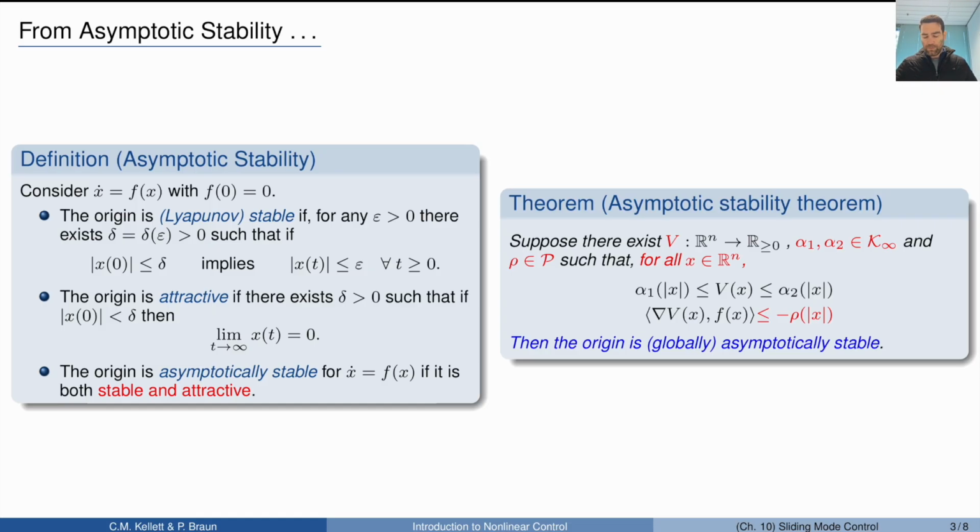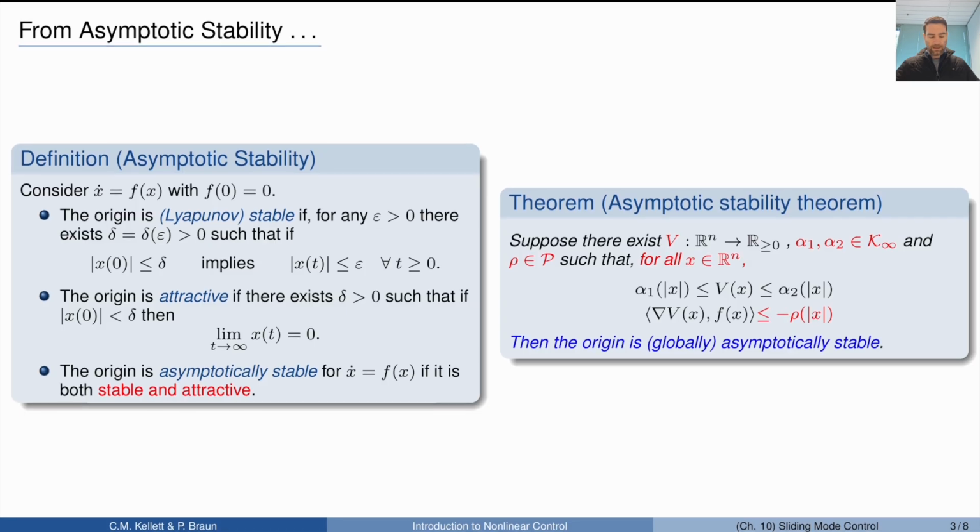The Lyapunov function V is a continuously differentiable function with these additional functions needed for the definition, K-infinity functions and a positive definite function, so that we have radial unboundedness of the Lyapunov function captured here, and this decrease condition ensuring that V evaluated along trajectories is strictly monotonically decreasing until we asymptotically reach the origin.